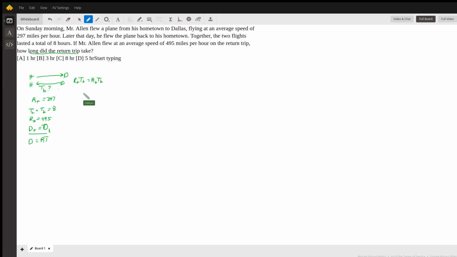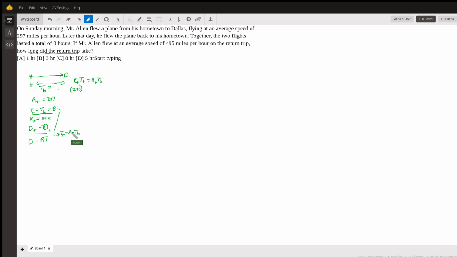Now that we have this equation, let's plug in the information that we have, which is, we know the rate, which is 297, but we don't know what the time to Dallas is. We can find this by isolating time to Dallas, which would be the time to Dallas equals 8 minus the time back from Dallas.